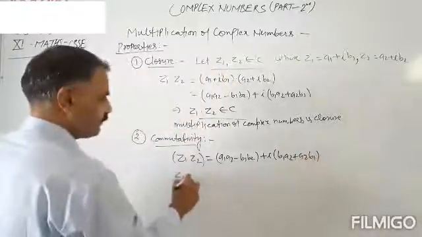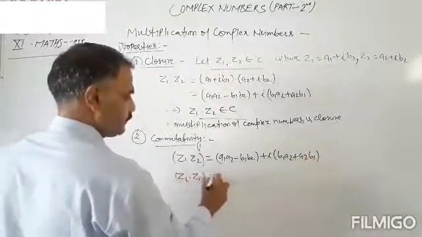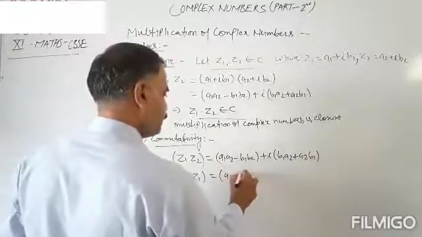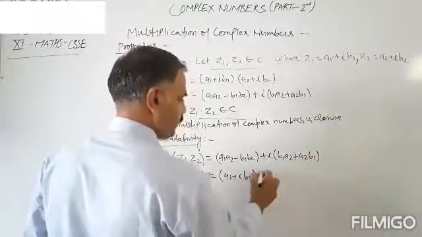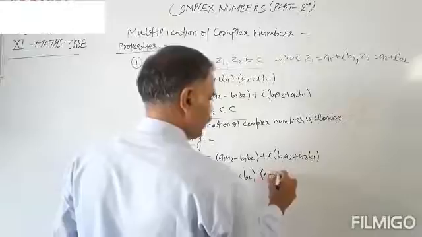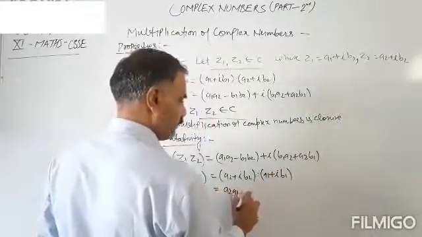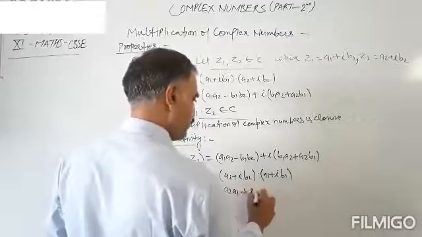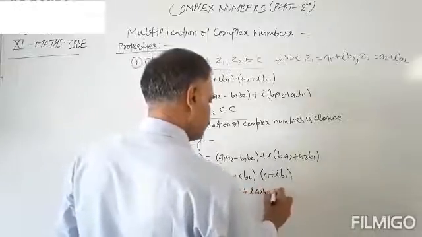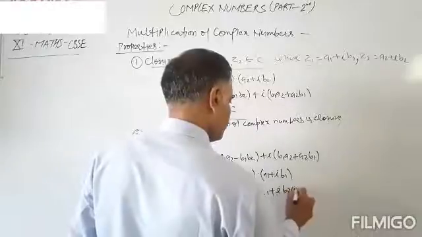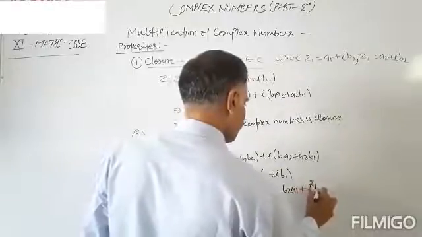Now Z2 Z1 is equal to A2 plus iota B2 multiplied by A1 plus iota B1. So this is equal to A2 A1 plus iota A2 B1 plus iota B2 A1 plus iota square B1 B2.